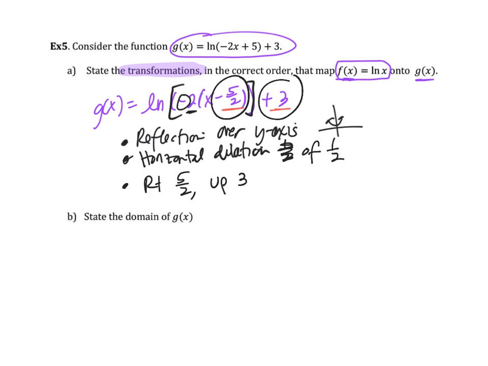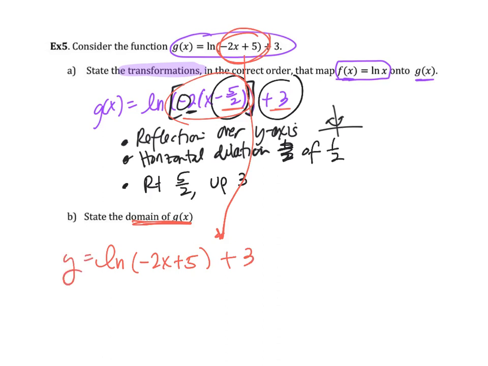So what is the domain of g of x? If this is my function, what do we want our domain to be? What is never allowed to happen? If we have ln of -2x plus 5, plus 3 equals y, this inside part can never be negative.